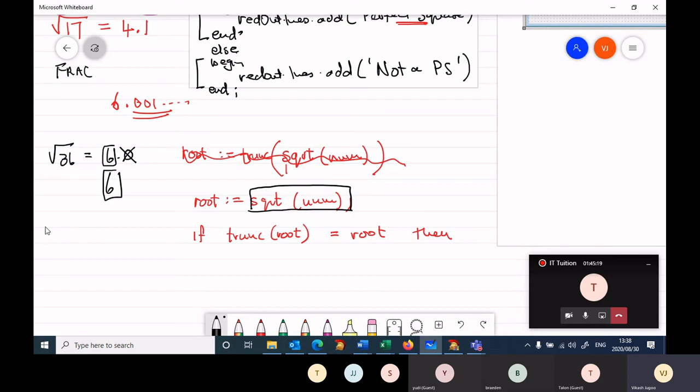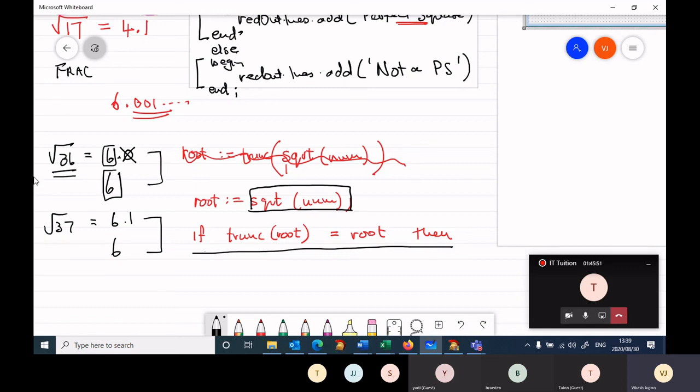But if I have the square root of 37, let's assume it's 6.1. If I truncate 6.1, I get 6. You'll notice that these two numbers are not the same. It's only equal when you have a perfect square, because that is a 0.0, and 6.0 is the same as 6. So that's the other way in which you can solve the problem.